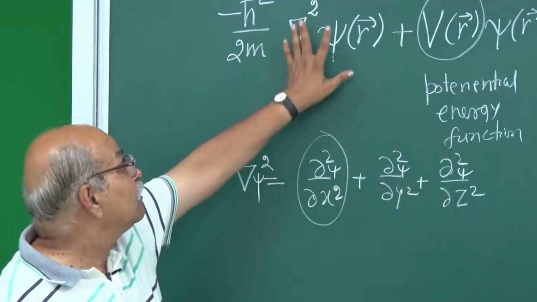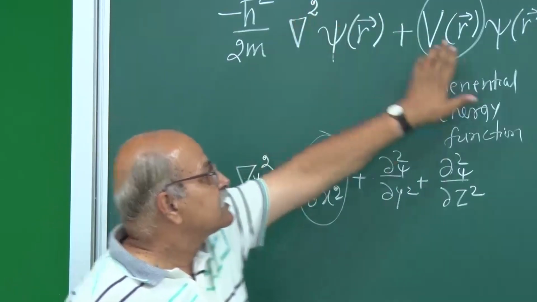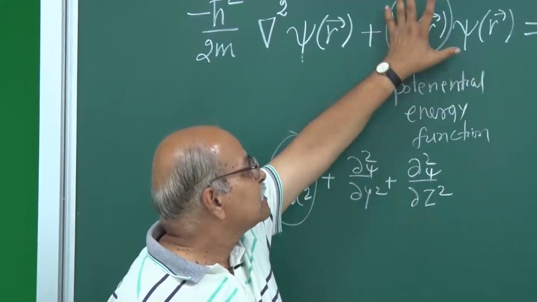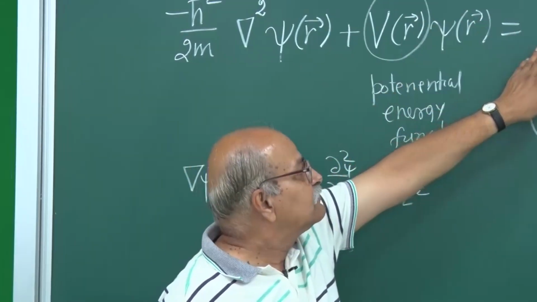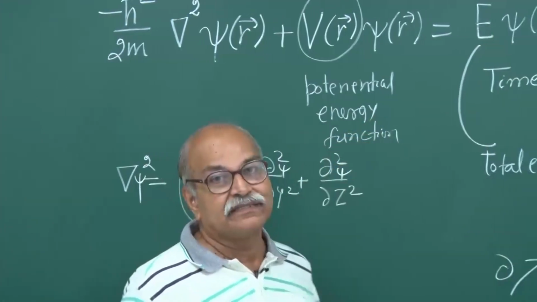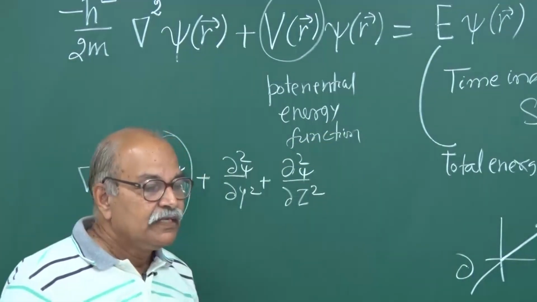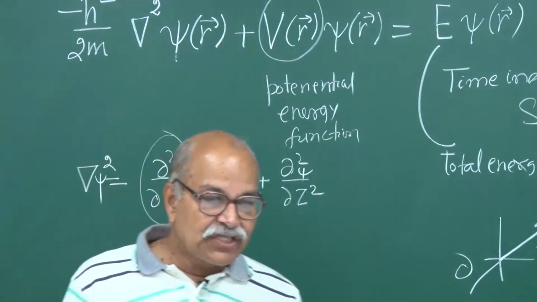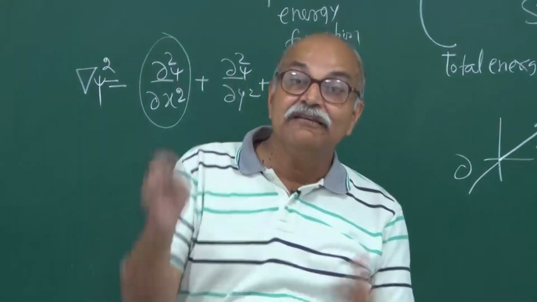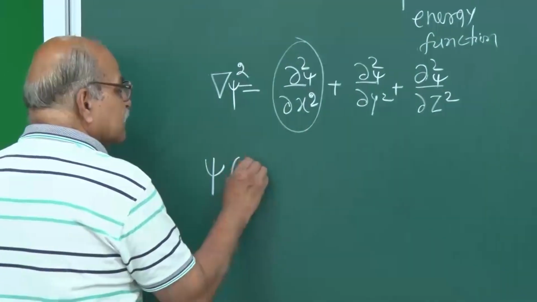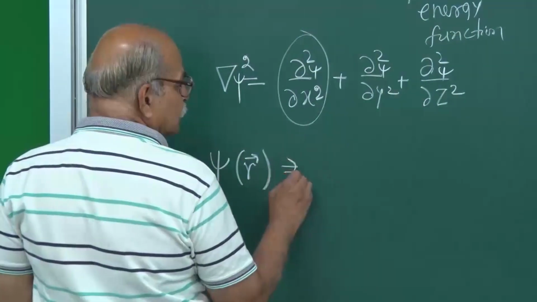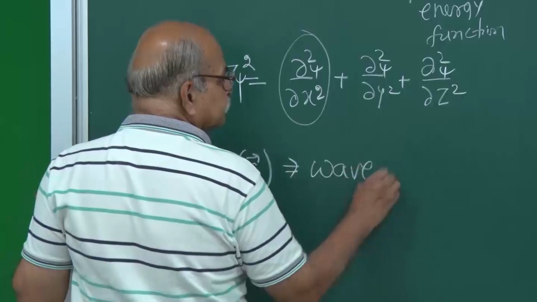That is the meaning of this, and this is simple multiplication of the potential energy function and psi, and then you have this energy and this psi here. Then there are certain conditions on this psi function. This psi function is a very mysterious function, and it is known as the wave function.